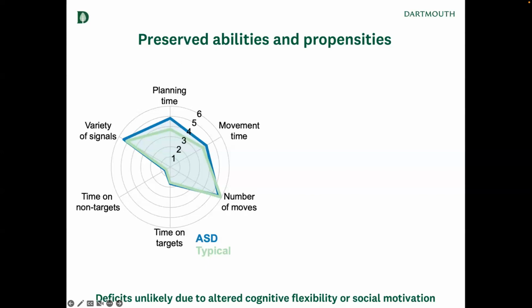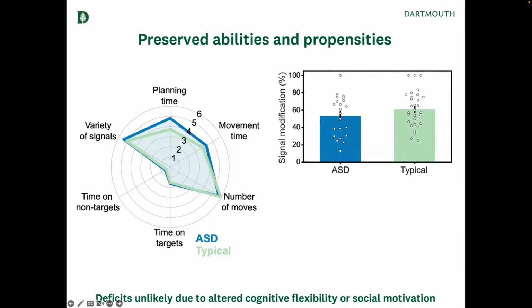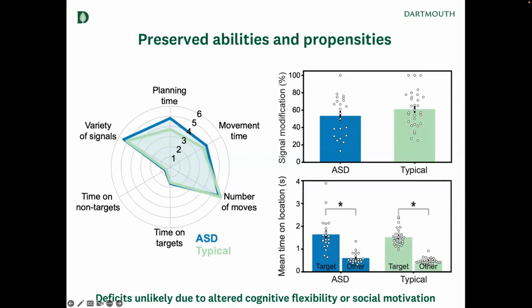The variety of signals, or strategies, if you will, is matched. Second, autistic individuals were equally inclined to modify their behaviors following a misunderstanding with their partner. And finally, they spontaneously spend longer producing pause behaviors on the target locations of their partner, to a similar extent as neurotypicals.